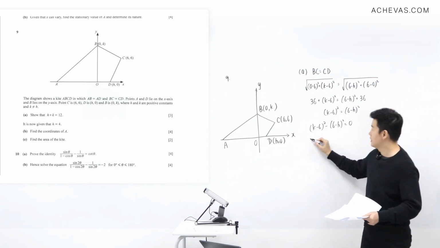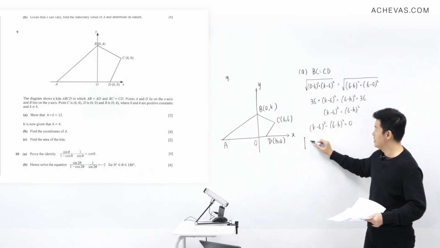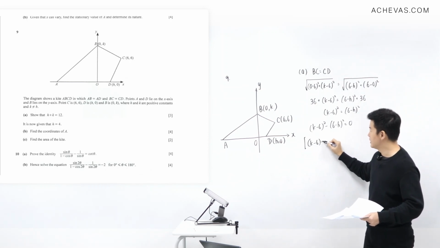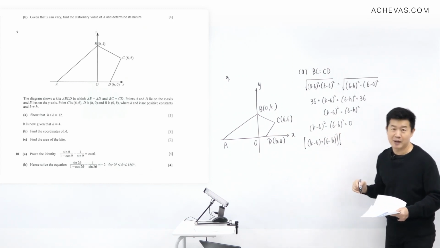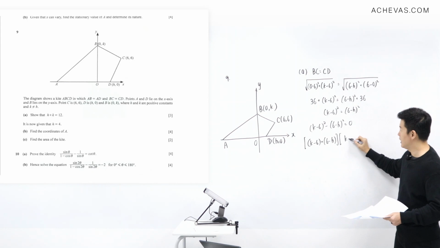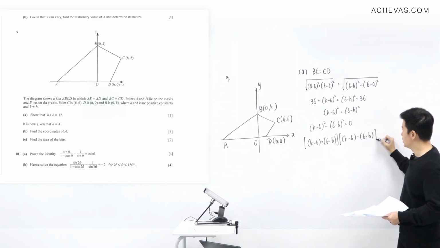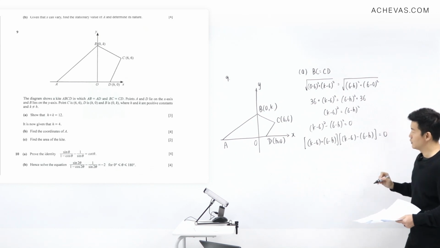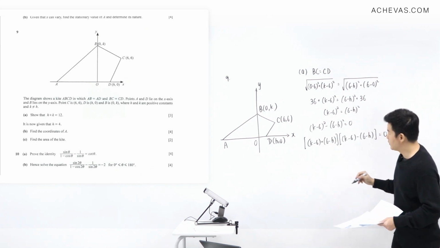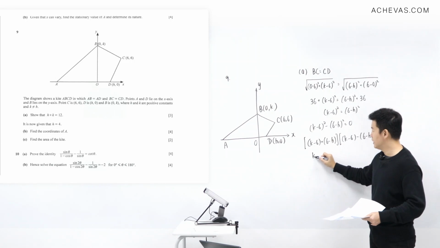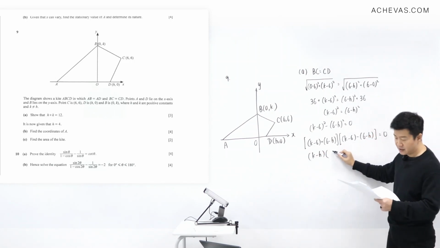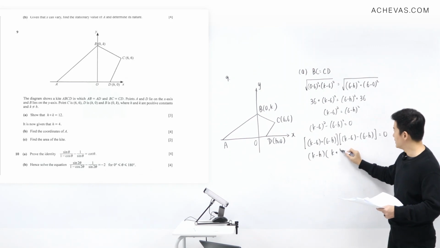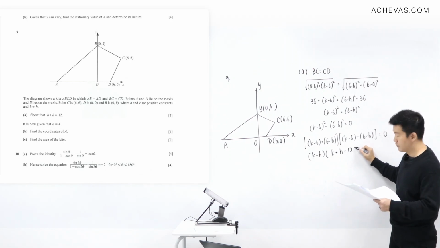So if I were to do that, then it will be a plus b, which is k minus 6 plus 6 minus h, then multiply by a minus b, which is k minus 6 minus (6 minus h). Then this is equal to 0. So for this, we are going to be getting k minus h. As for this, we will be getting k plus h minus 12.